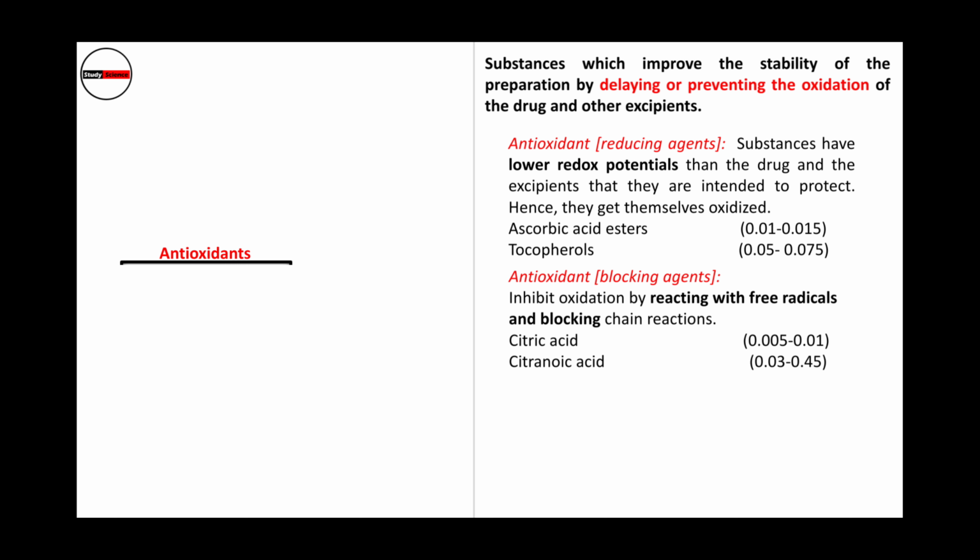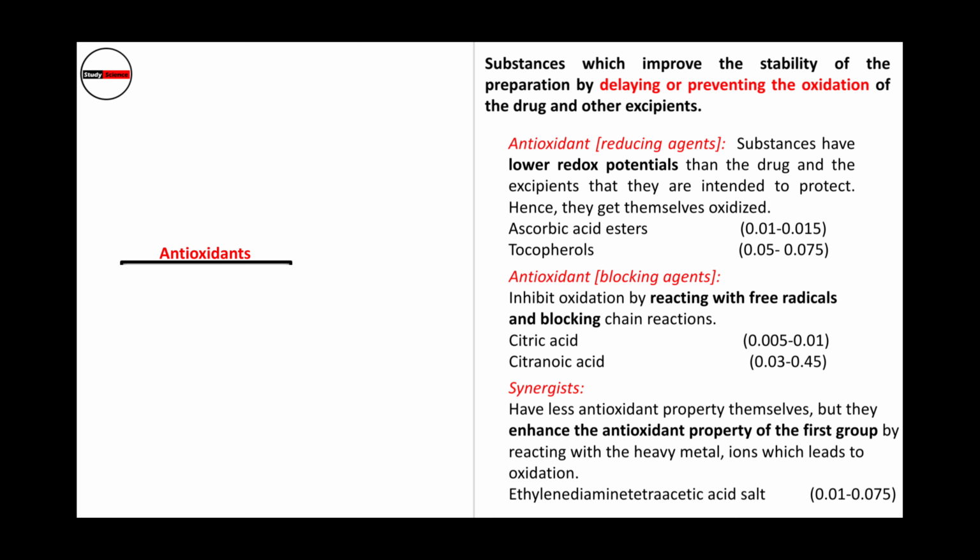Examples are citric acid, concentration is 0.005 to 0.01%, and citraconic acid, concentration is 0.03 to 0.45%.